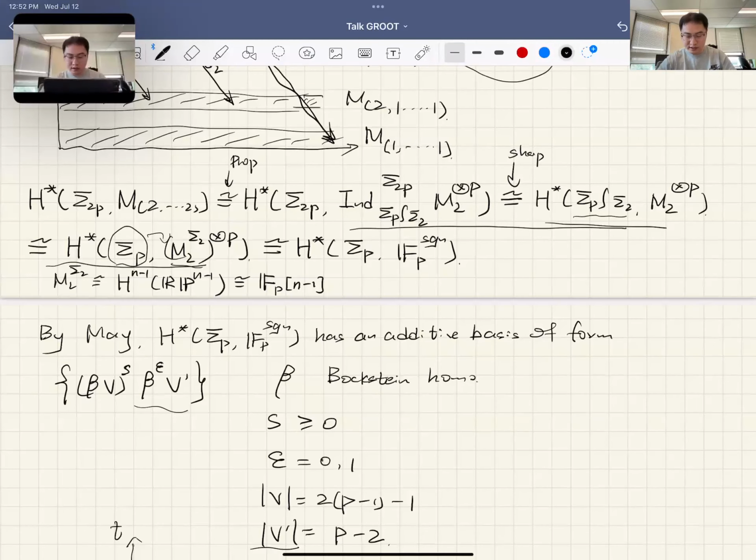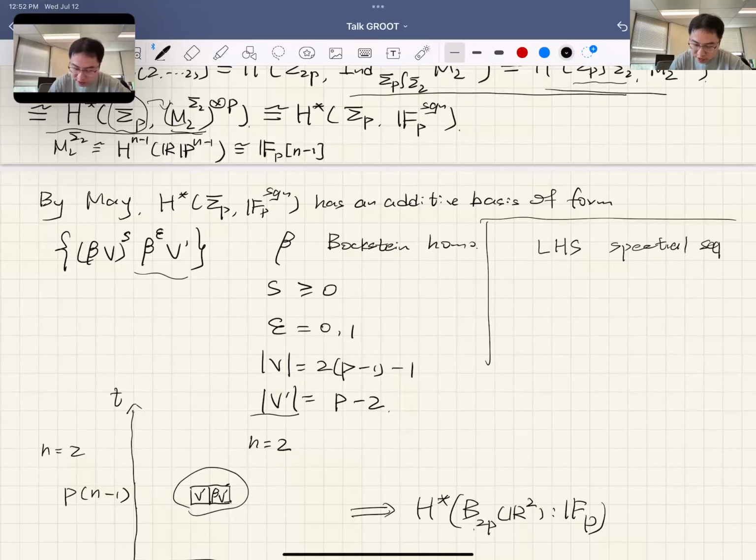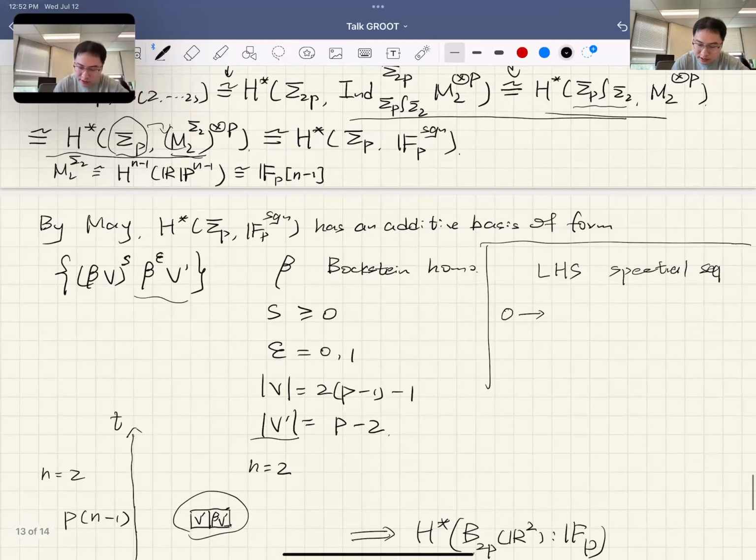Okay. So this is related to the Lyndon-Hochschild-Serre spectral sequence. So if we have a group extension of the form, for example, for this example, I have sigma p, sorry, 1 second.